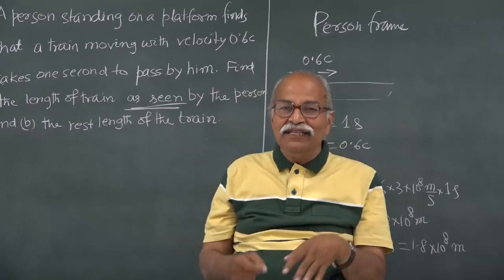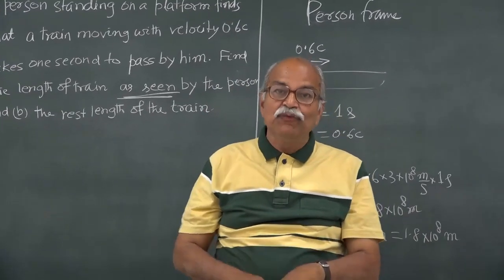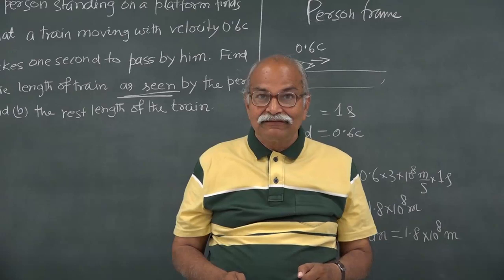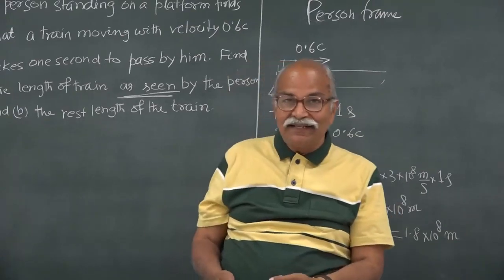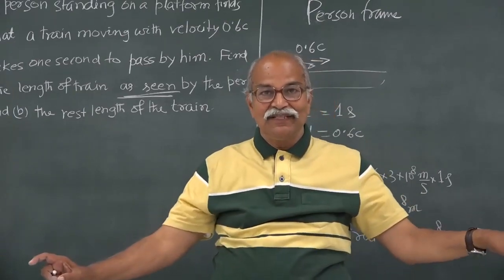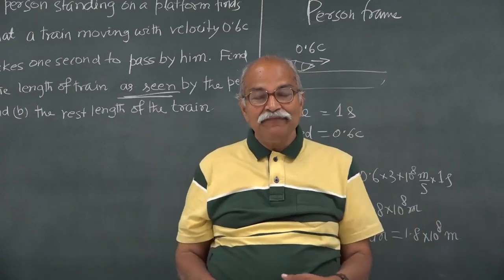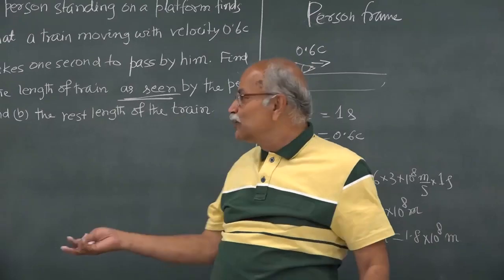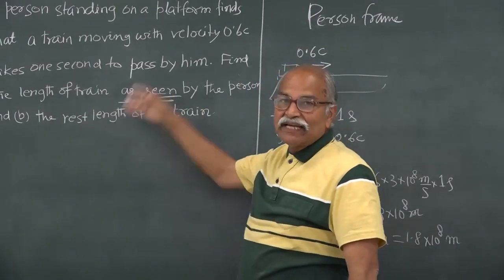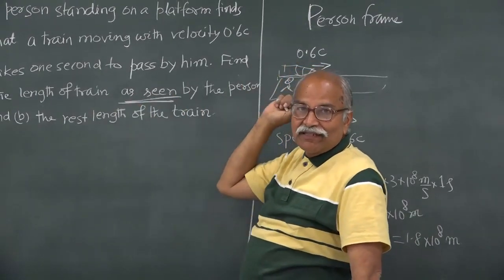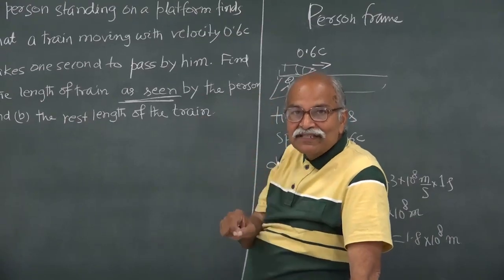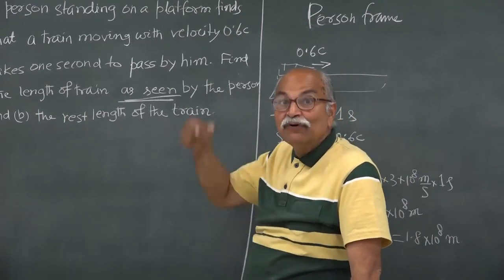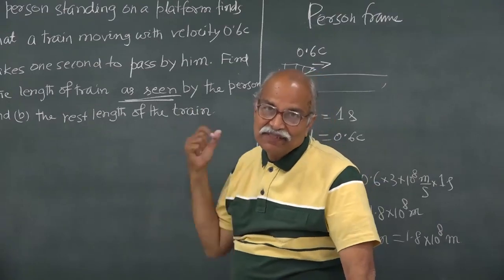As seen means in that person's frame, what is the length? How the person finds that length, we are not concerned with this. In the person's frame, this is the length. So, that is the meaning. We will be using these kind of words, as seen by, as observed by, but do not think that the process of observation or process of seeing is involved in solving such problems.